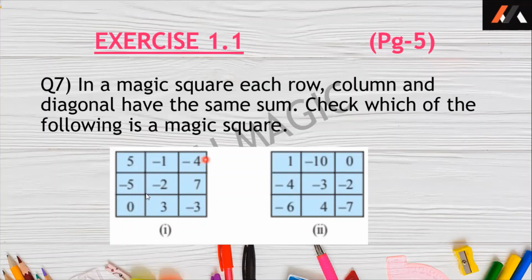Now when we take this diagonal, 0 plus minus 2 plus minus 4, which is not equal to 0. So we can say that even though all the other columns, rows and diagonals are equal to 0, this particular diagonal is not summing up to 0. Therefore, we cannot call the square a magic square. So we know the answer will be this.